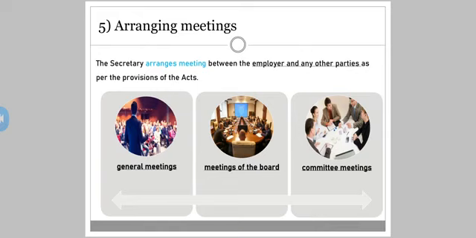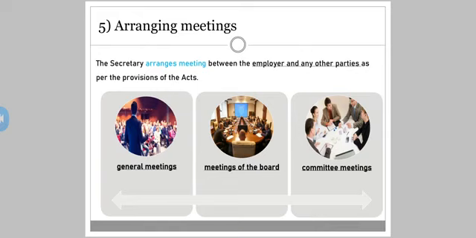But as of now, all you are supposed to know is that the general meeting is conducted for the shareholders. Now coming to the second meeting, the meeting of the board. The board of directors, the persons who are managing the company, their meeting is termed as meeting of the board, or board meetings.